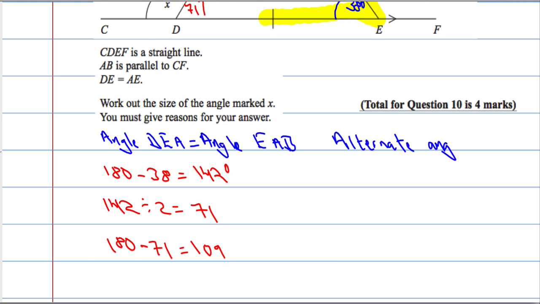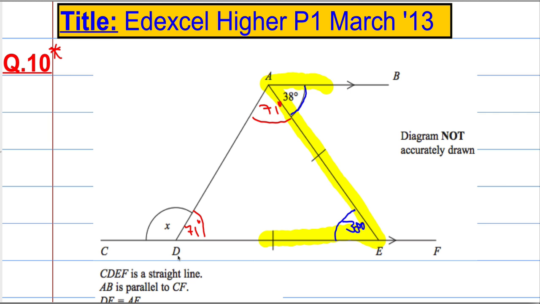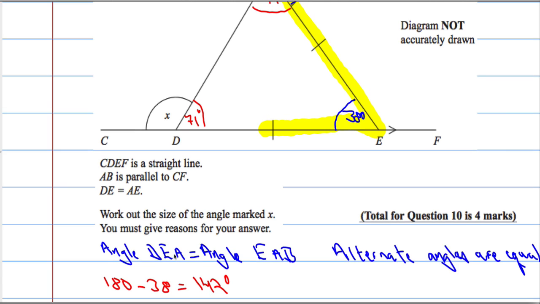Alternate angles are equal. And then we did 180 take away 38 to get 142.